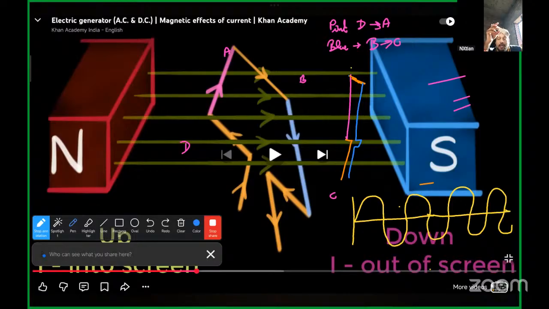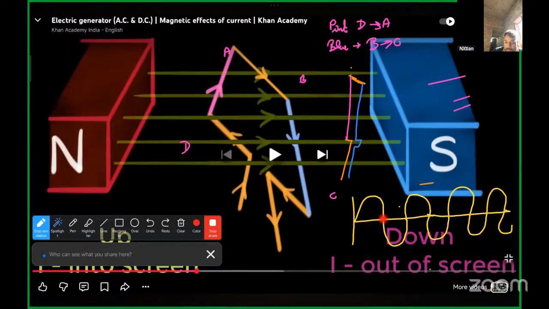This is the magnetic field. This is the current. In this case, everything should be at 90 degrees to each other. But when it is like this, there is no 90 degrees formed. Hence, if the shaft position is like this, no current is formed. That's why it becomes zero at this point.